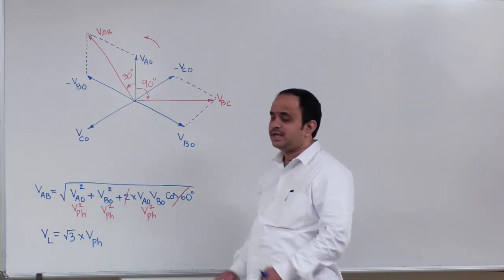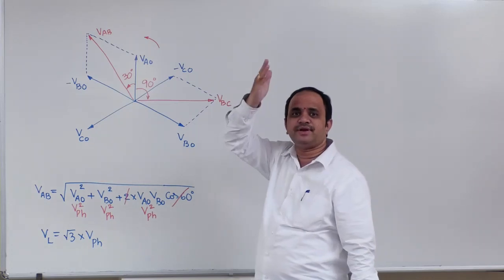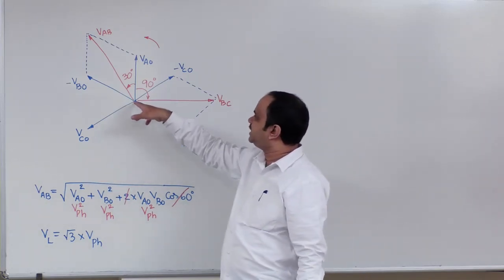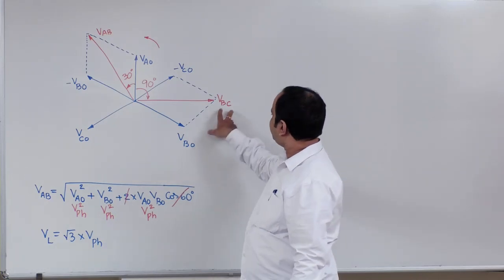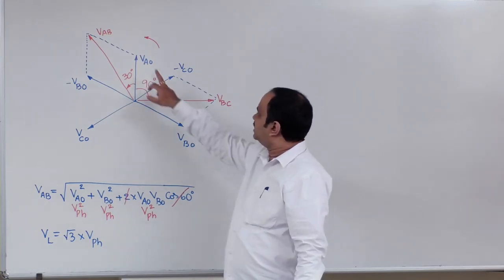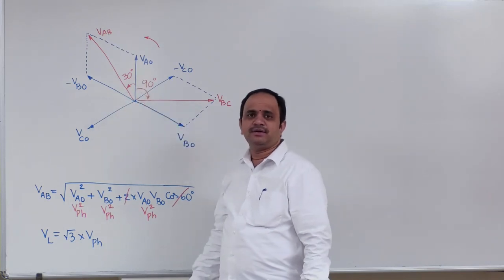Now follow carefully. Every phasor I am expressing with respect to the reference phasor. What is the reference phasor here? VAO is the reference phasor, right? Therefore, VBC lags VAO by 90 degrees.